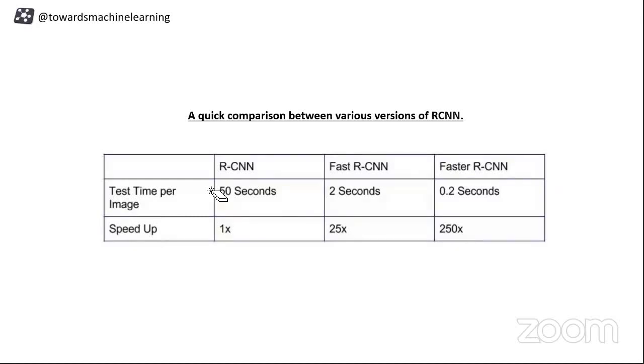Even with the intelligent tool of selective search, RCNN required 50 seconds for object detection. Fast RCNN reduced this 25x, to about 2 seconds for an image. Faster RCNN reduced it around 250x, to 0.2 seconds per image.